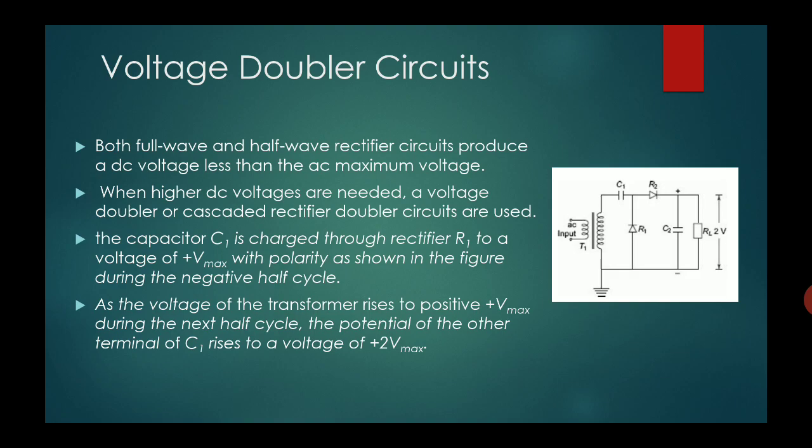So during the positive half of the cycle, when the transformer voltage slowly rises to plus Vmax, the terminal voltage of C1, which was plus Vmax in the negative half of the cycle, now goes to plus 2 Vmax in the positive half.